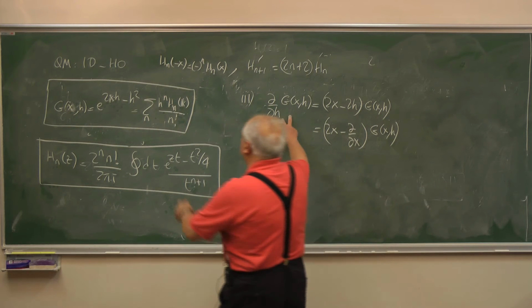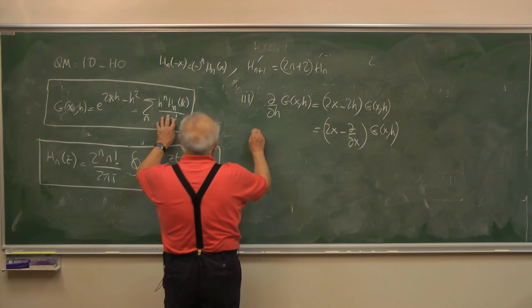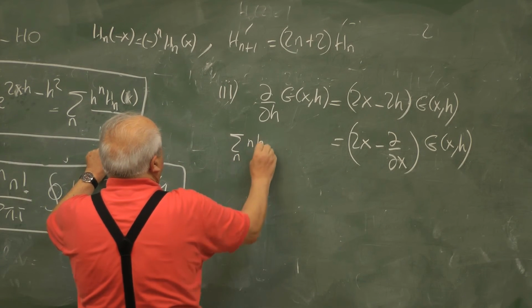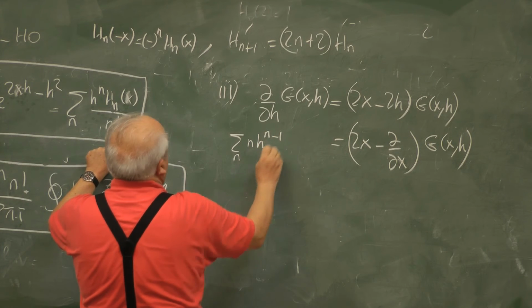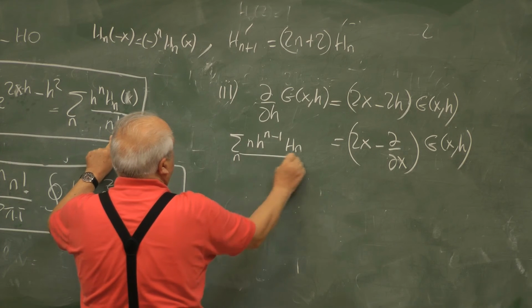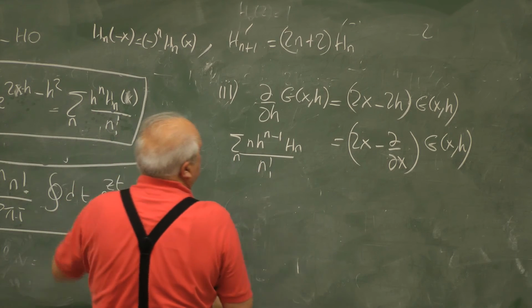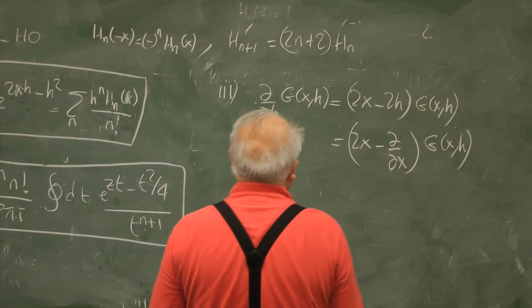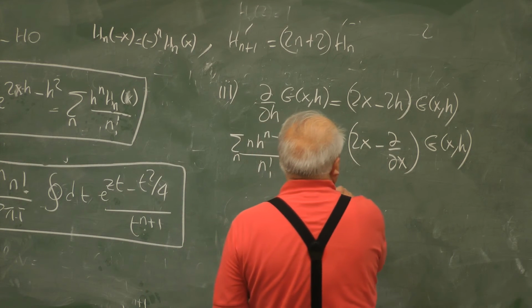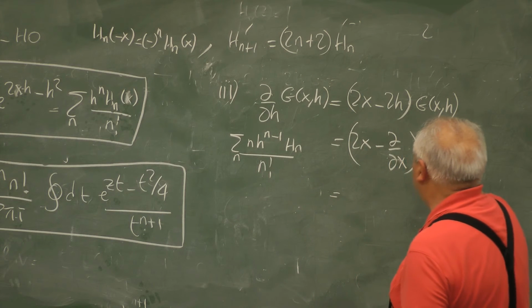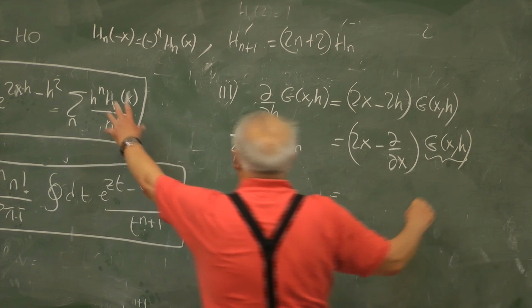If you write the series form, this is sum of n h to the n minus 1 Hn over n factorial, is equal to, we write the expansion, this form again.